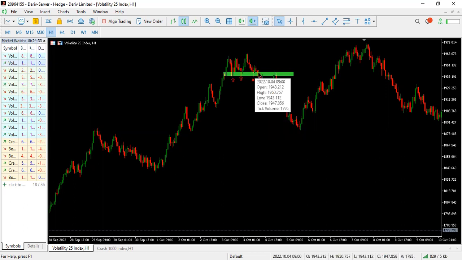So the price left here without more sellers. Look at the structure and the size of the candlesticks. They are very small. Out of 100, I'd say we had 50% sellers, or 60%.